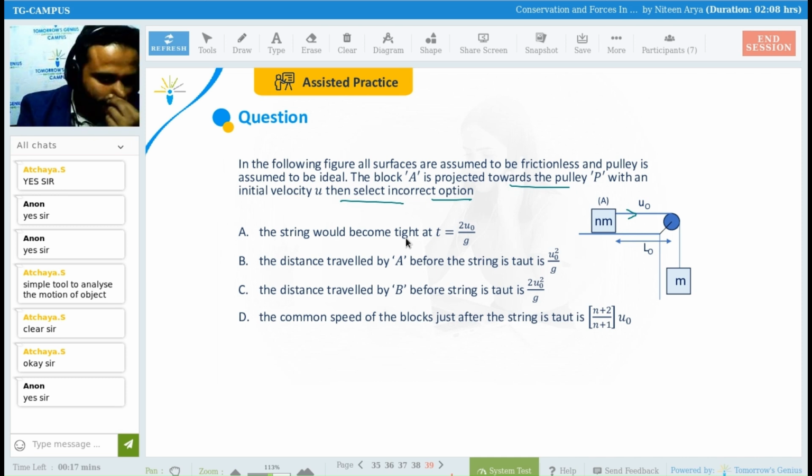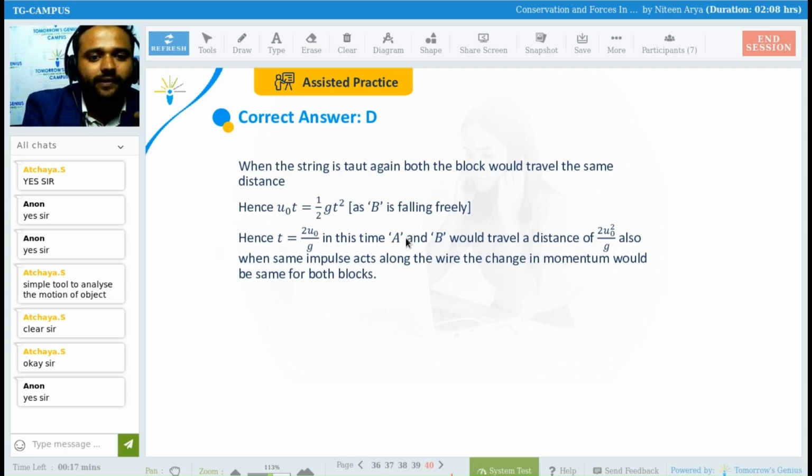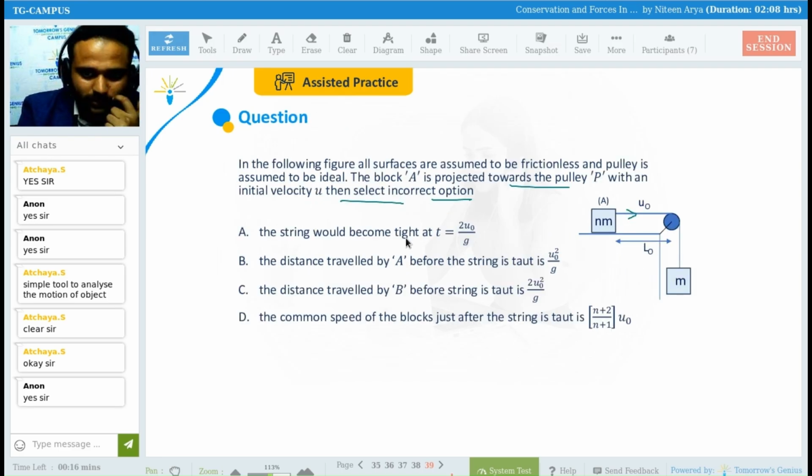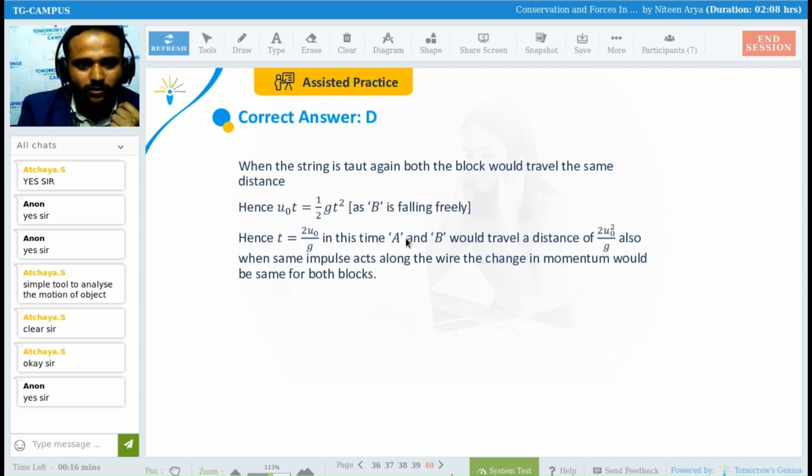I can give you the hint, or I can teach you, because giving a hint right now is not sufficient. What is happening here is that when the string is taut, both blocks travel the same distance. If I give some initial velocity in this direction, I'm basically pulling this string downward. Clear?